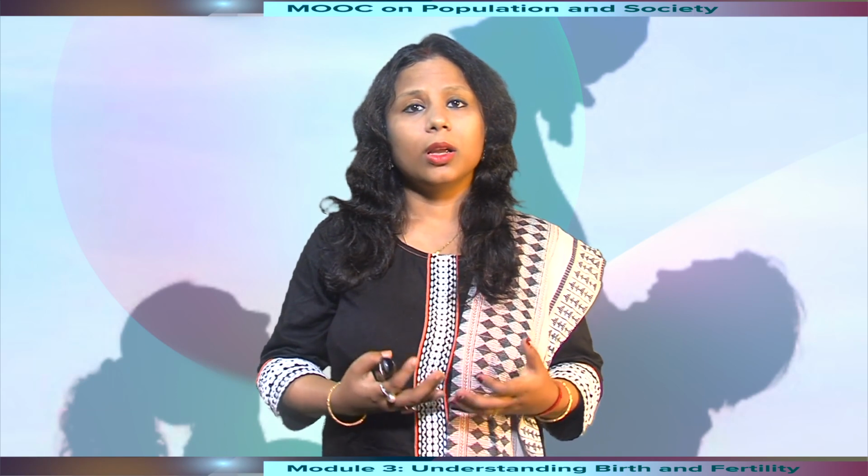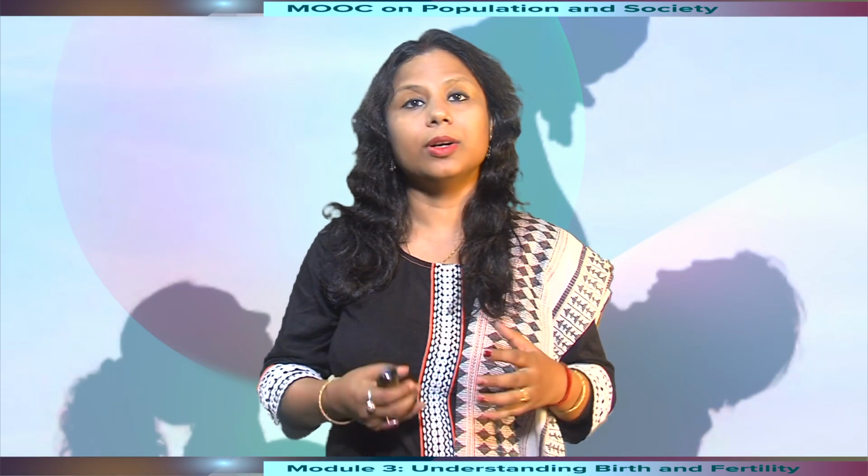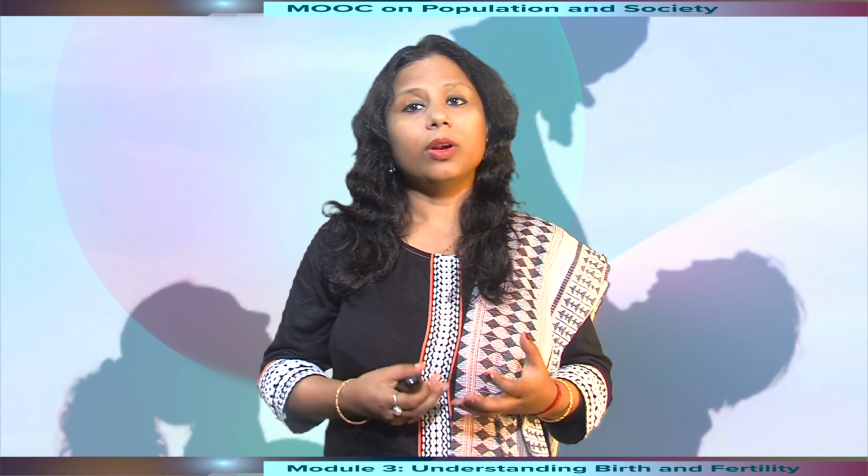There are numerous factors which influence fertility. The first among them is the biological factor. As previously mentioned, fertility is related to physiology. Therefore, one of the most important factors affecting fertility is the biological factor.